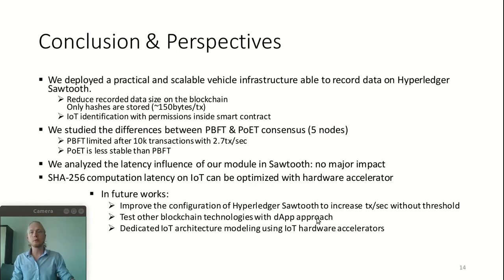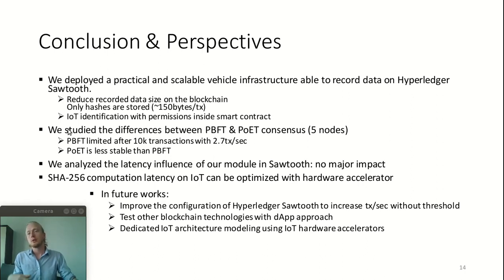So in conclusion, we have deployed a practical and scalable vehicle infrastructure that is able to record data on Hyperledger Sawtooth, reduced the recorded data size in the blockchain by using only hashes, and we also added into our implementation an IoT identification system with a protocol, and a permission inside of the smart contract.